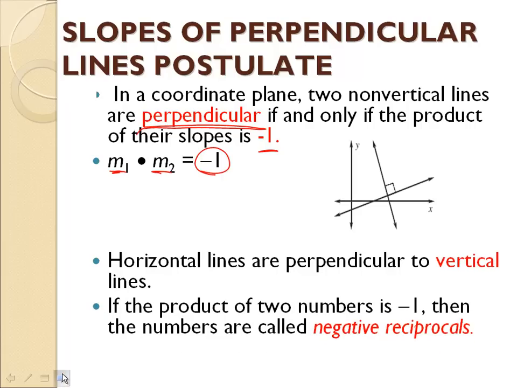If the product of two numbers, when I multiply them together, is -1, then the numbers are what we call negative reciprocals. Negative reciprocals, and you're going to want to put a note by this, means they have opposite signs, and then the fraction is flipped.